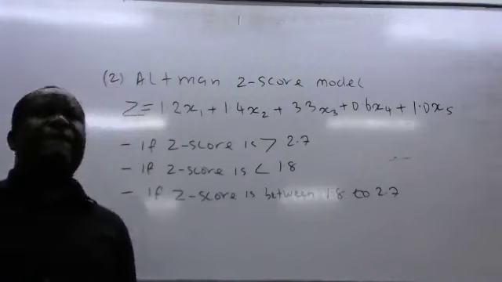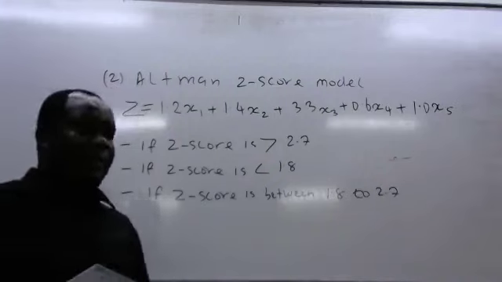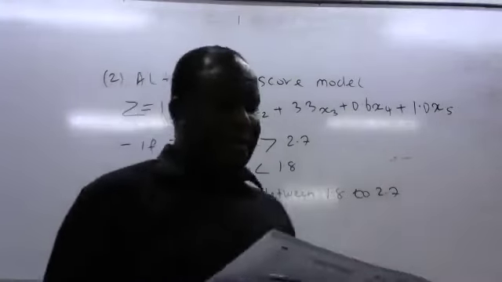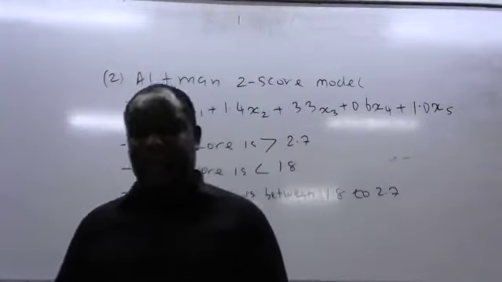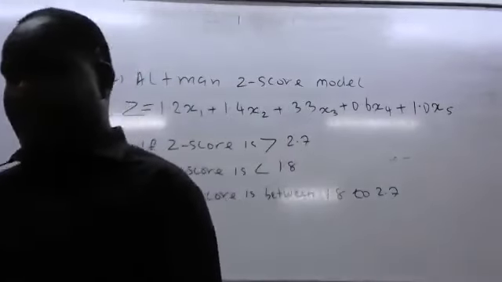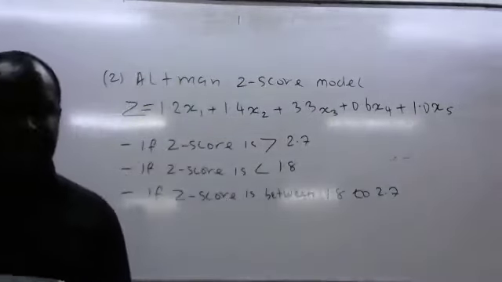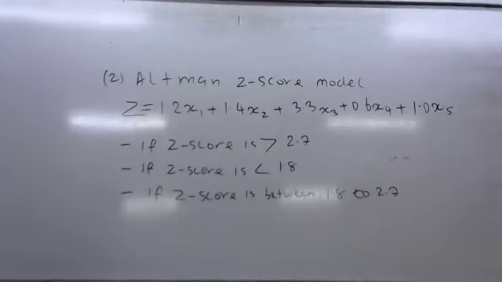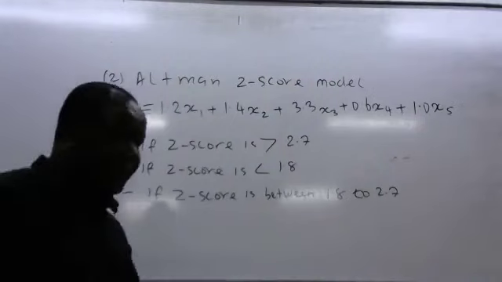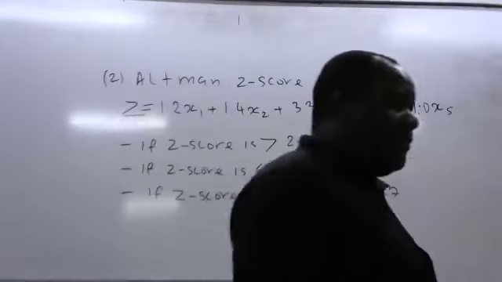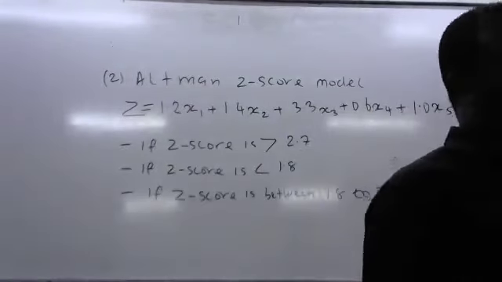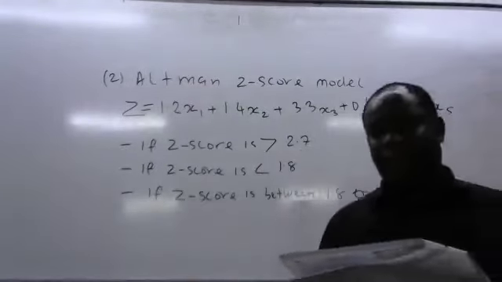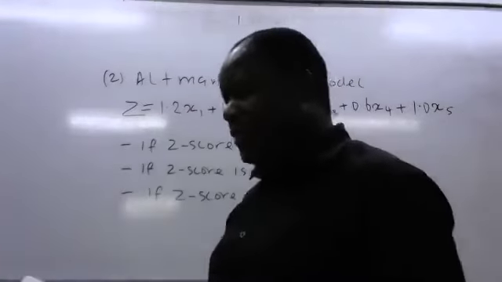So given below are the summarized financial statements of Alpha Limited for the year ended 31st December 2019. So you have been given the income statement. You have also been given the statement of the financial position.